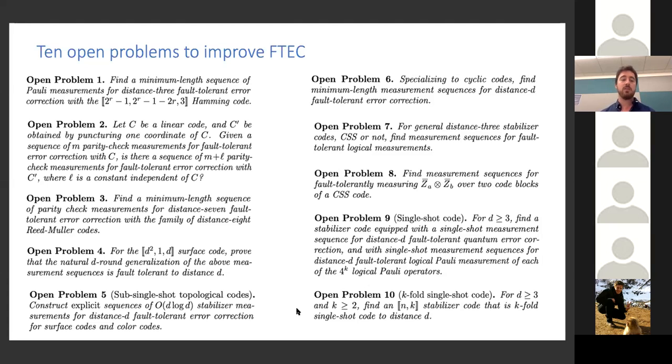And we believe that these questions can help us to improve further fault tolerance and to speed up fault tolerance for general codes. I can go through some of these open problems if you are interested.